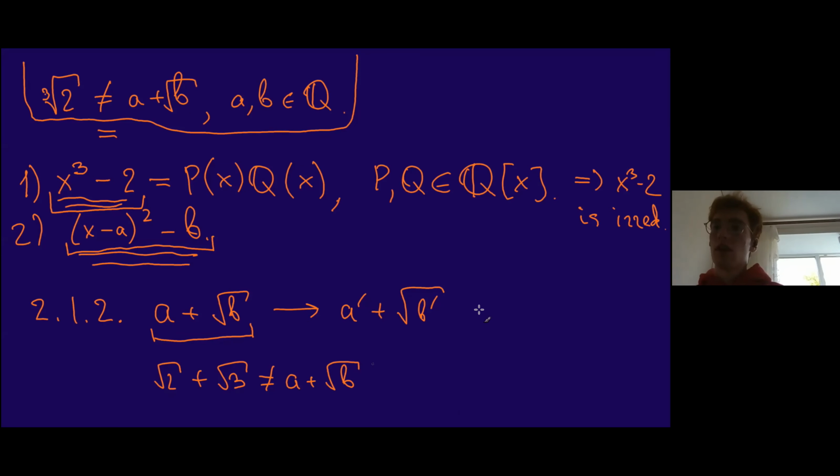And the approach is the following. Let r be the number which we obtained by the operation of taking square root, and let us prove that all the subsequent numbers which we obtain are of the form a plus c r, where a and c are rational.